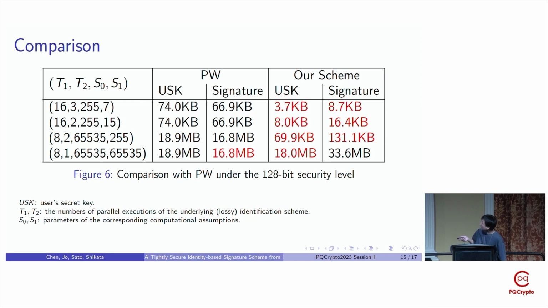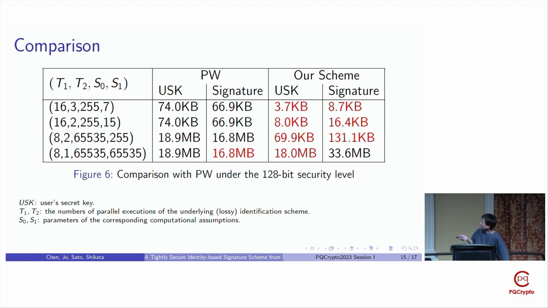Then we compare the user secret key size and signature size under the 128-bit security level. In this parameter table, T1, T2, S0, S1 are chosen according to the optimized setting of Peng and others. This is because the underlying signature of Peng and others, which is CSI-Sign, shares some similarity with lossy CSI-FiSh, and our framework of IBS is the same.